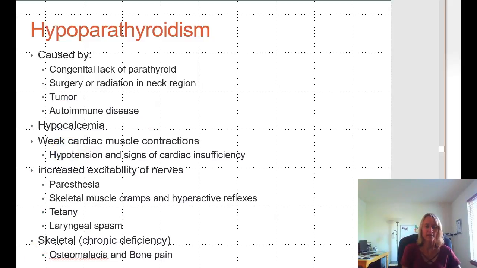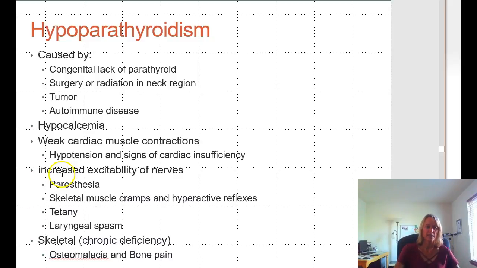Okay, the result of low parathyroid hormone is going to be hypocalcemia, because we're not activating vitamin D, so we're not getting enough calcium into our blood, and also we're not breaking down bone as much to release calcium into the blood.